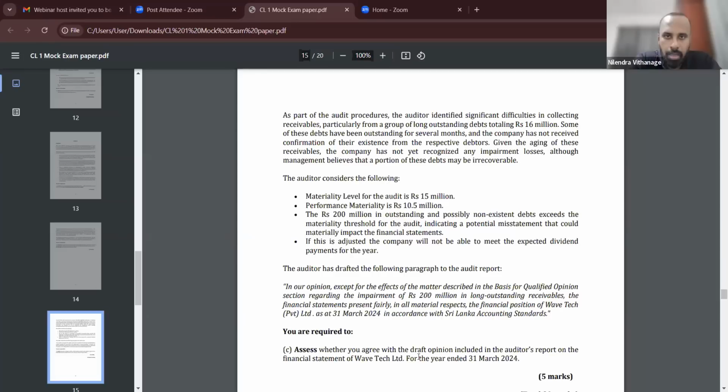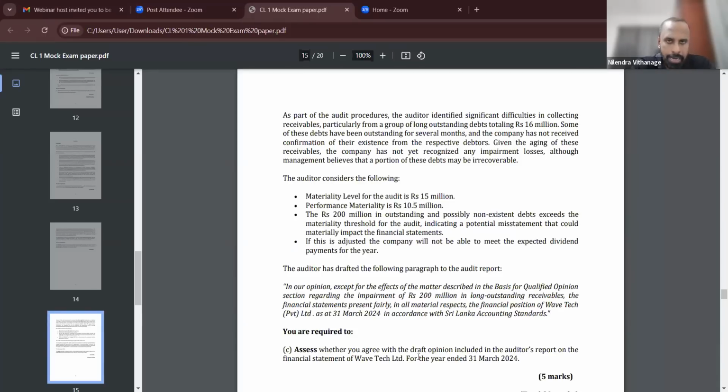As part of the audit procedures, the auditor identified significant difficulties in collecting receivables, particularly from a group of long-standing debt totaling 16 million.